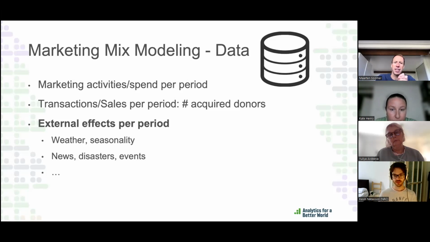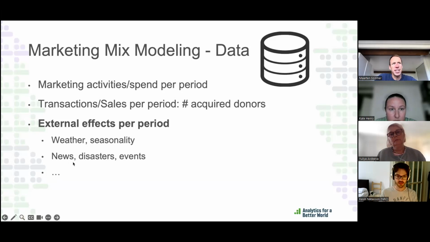And basically, we should include in the model, as much as possible, all the variables that we think might affect the number of acquired donors. Otherwise, we will probably overestimate the effect of our marketing activities, and we don't get an unbiased model.